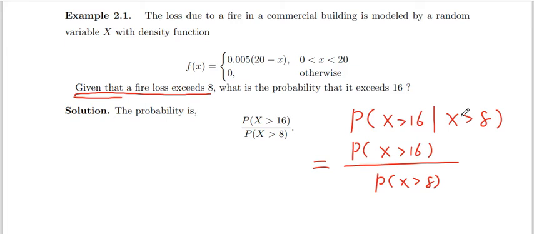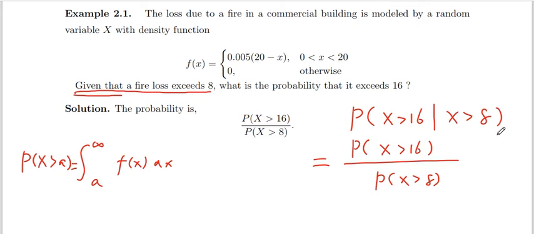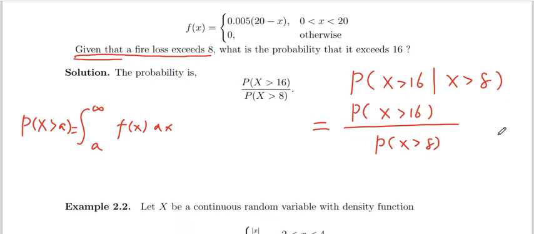So let's say we check X larger than a. This equals the integral from a to infinity of f(x) dx. But here we don't need to go to infinity because X is just between 0 and 20.